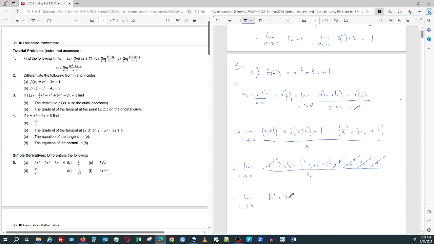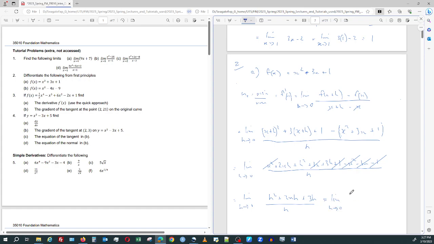It's 2xh plus 3h. That's all we have left. Terms with h in them. So what's common across the pluses? h is common.